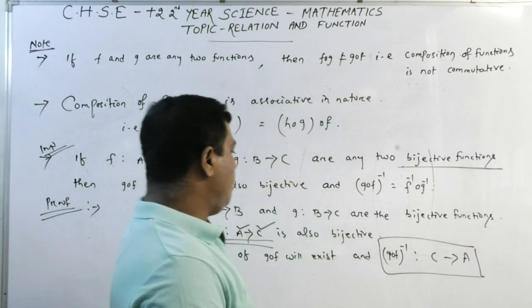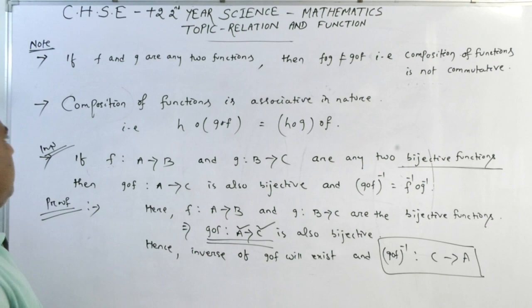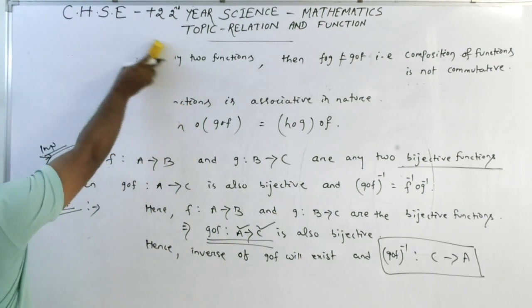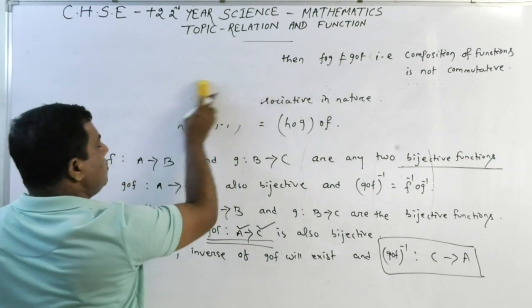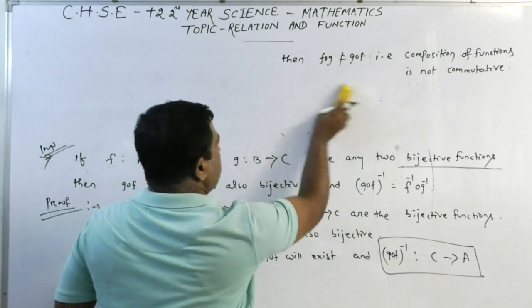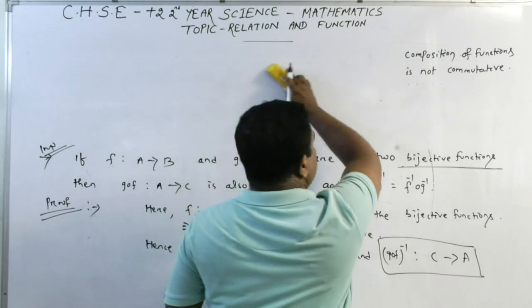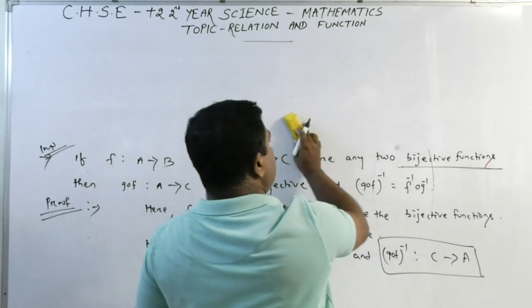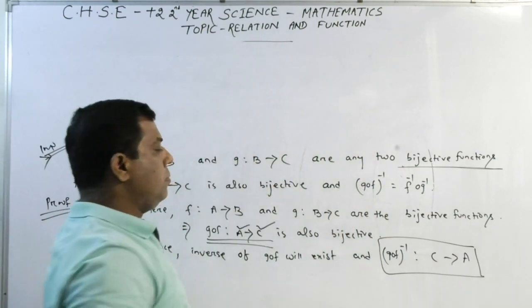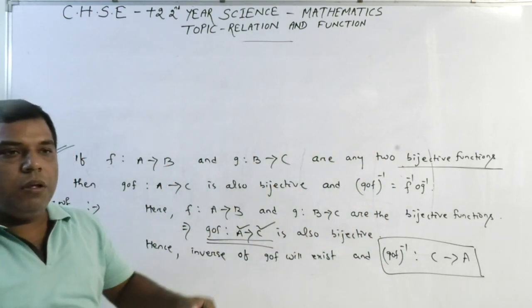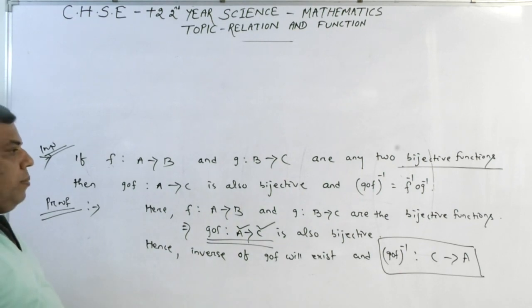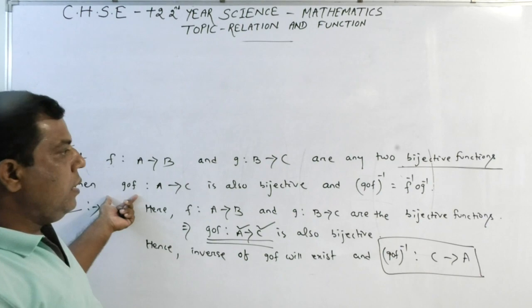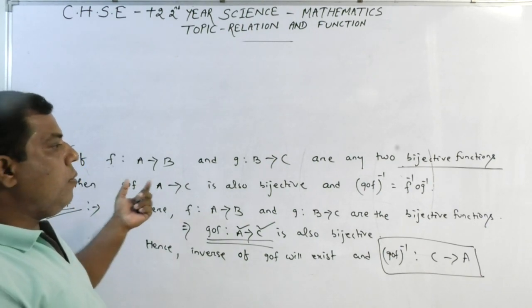Clear? So (gof) inverse is from C to A. Now (gof) inverse is defined.